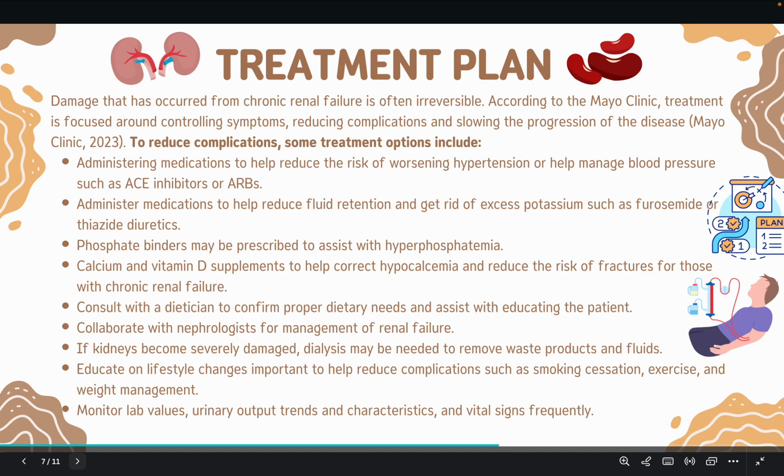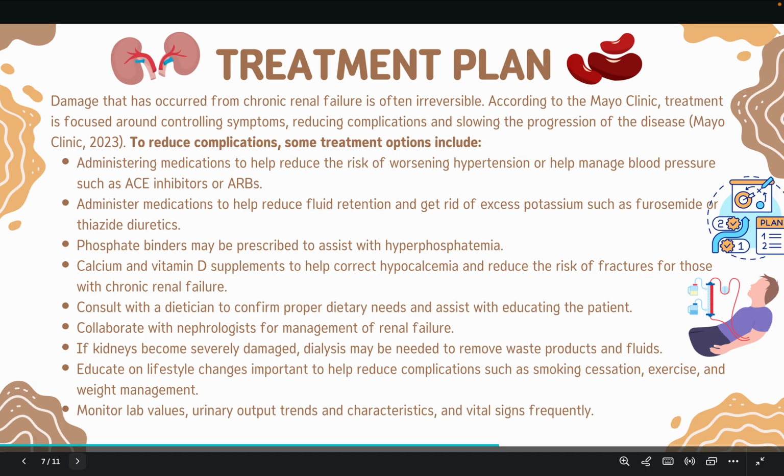To reduce complications, some treatment options include administering medications to help reduce worsening hypertension or help manage blood pressure, such as ACE inhibitors like captopril, or ARBs such as losartan, because these also are medications that do protect kidney function. Another one is administer medications to help reduce fluid retention and get rid of excess potassium, such as furosemide, which is a loop diuretic, or thiazide diuretics.